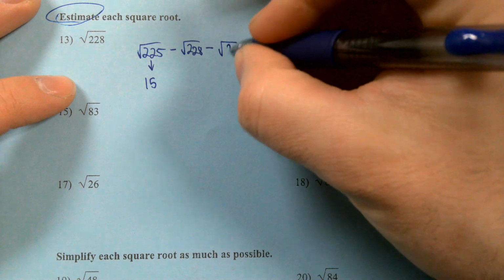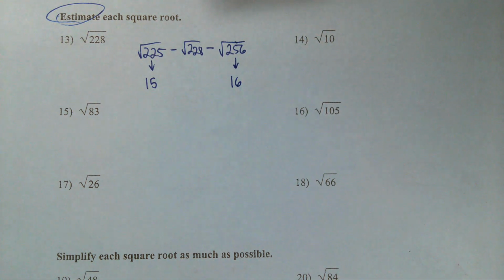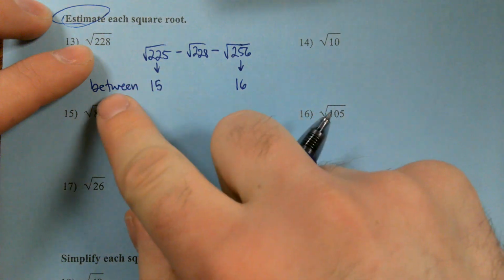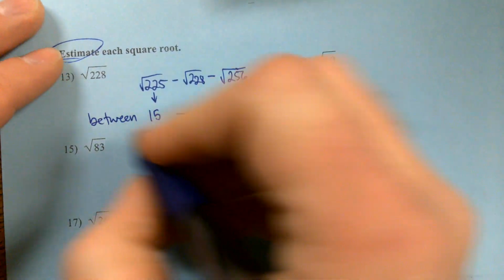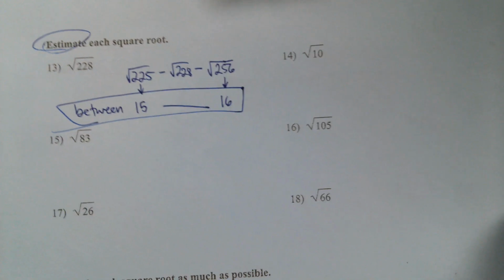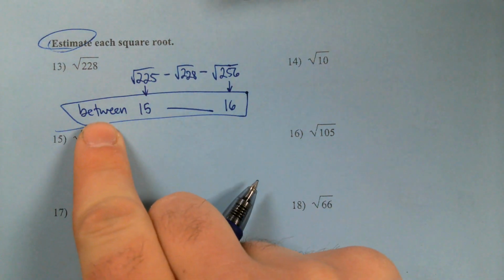Well, it'll be 16 squared, which is 256. And again, that gives us 16. So if we want to estimate the square root of 228, it's going to be somewhere between 15 and 16. Whenever we're asked to estimate, our answer is going to be between.